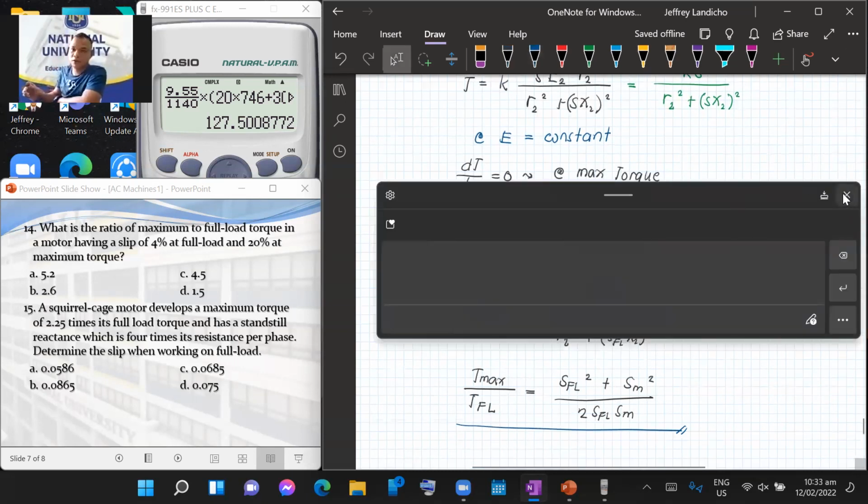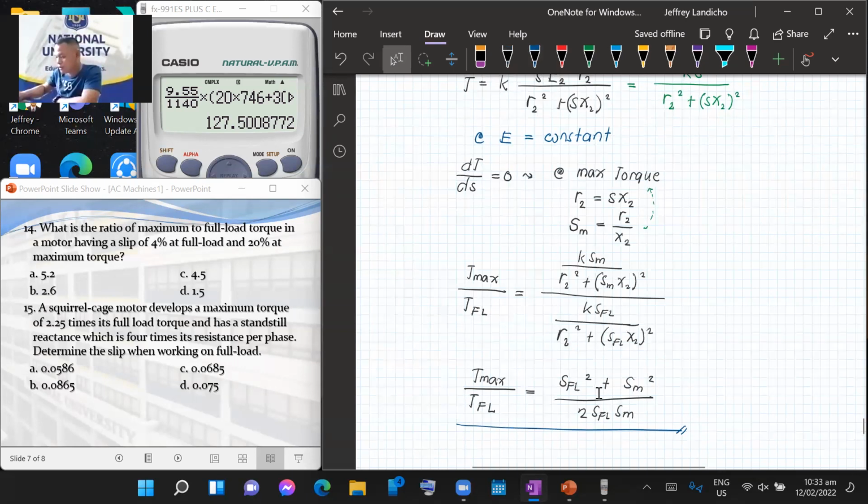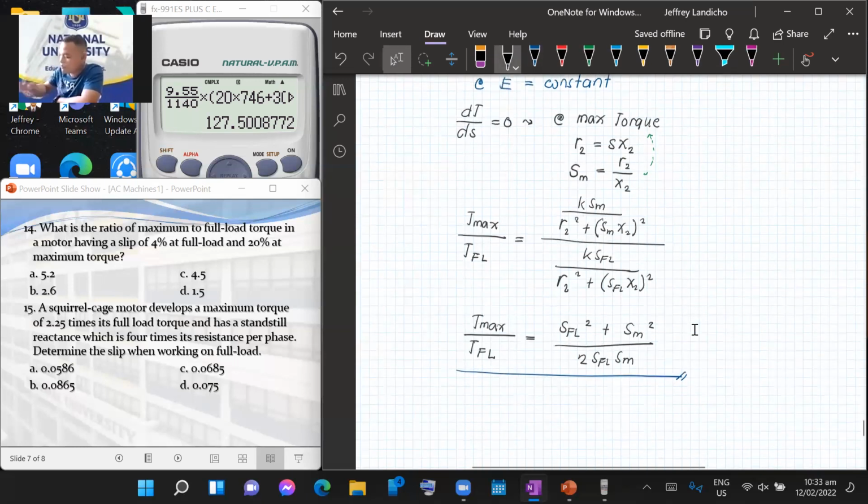Okay? Kaya kung naalala mo yung formula, direct substitution yan. Kung gusto mong i-derive ito para hindi mo makalimutan, you try to simplify this equation. Ito ang lalabas. Algebra lang. Kayang-kaya mo yan. Okay?